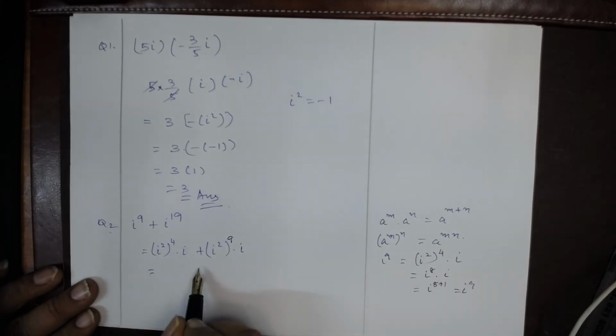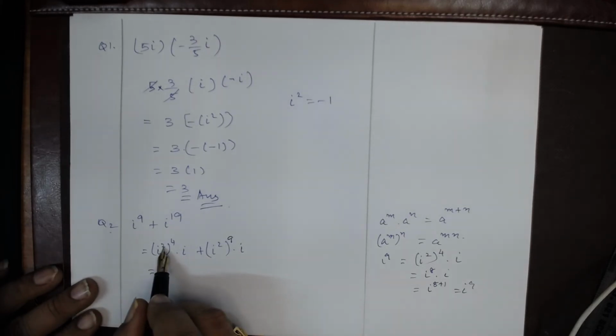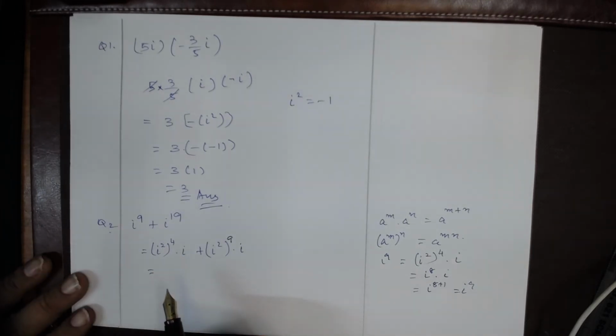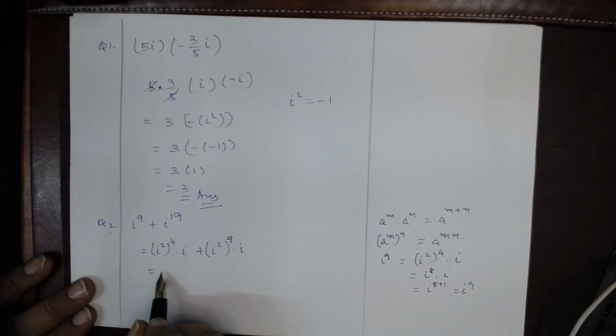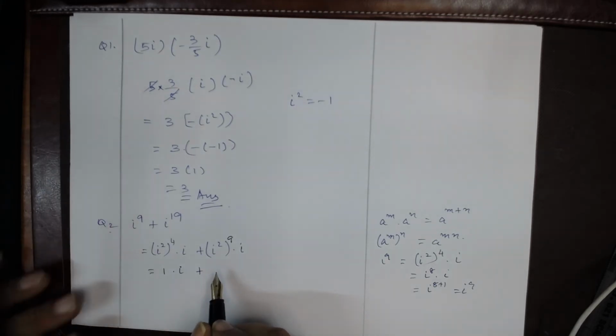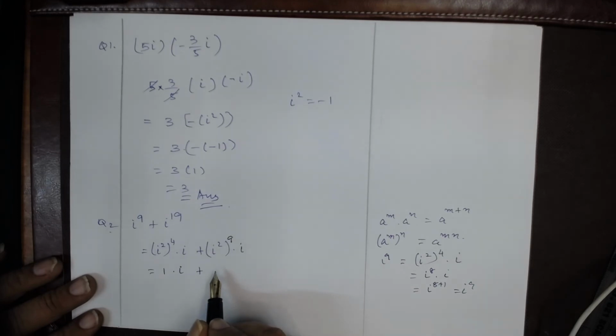Because we already know that i squared is minus 1, so (i squared) whole to the power 4. What is i squared? Minus 1. Minus 1 whole to the power 4 means how much? 1, is it not? So 1 into i, plus, and what about this? i squared is minus 1, so minus 1 whole to the power any odd number results in minus 1 only, is it not?